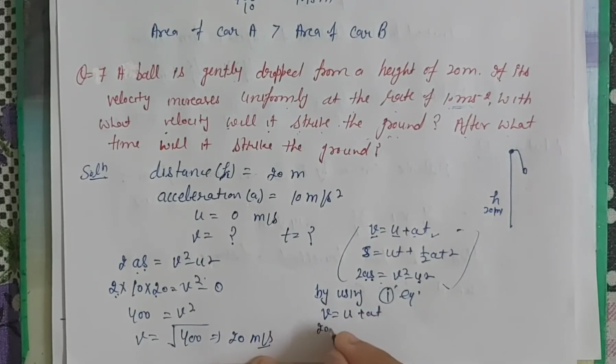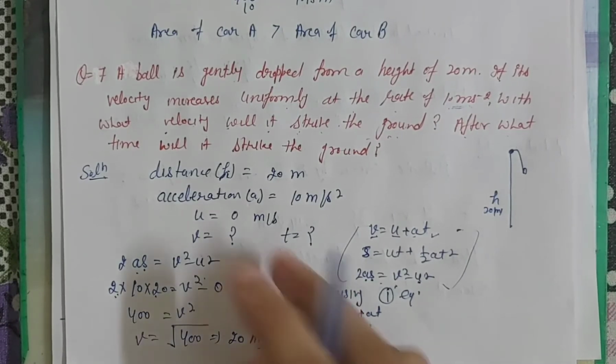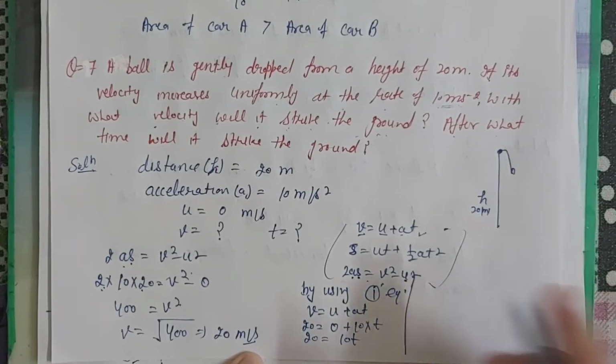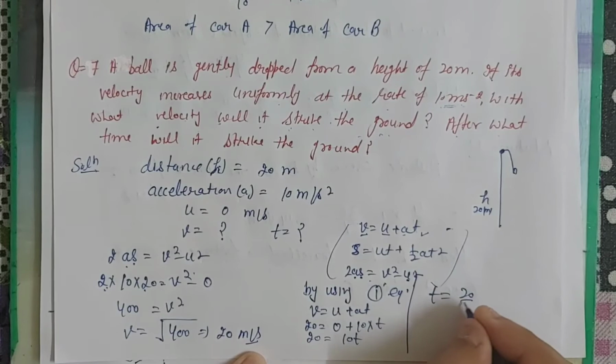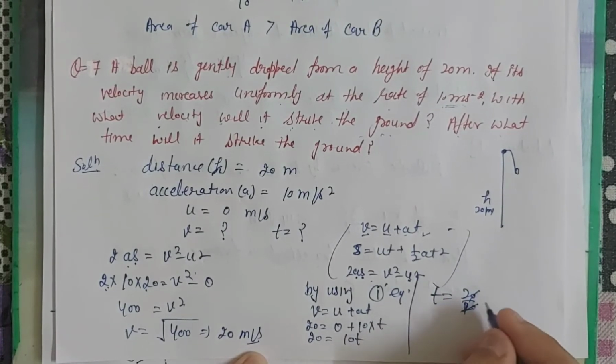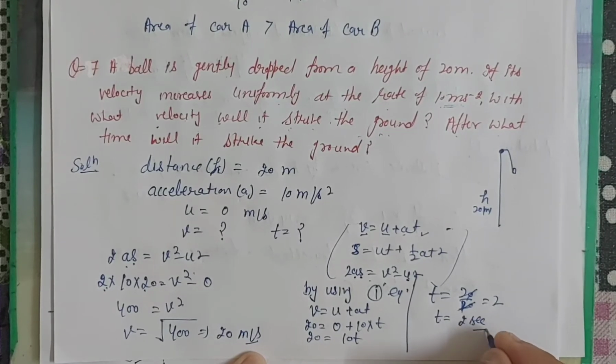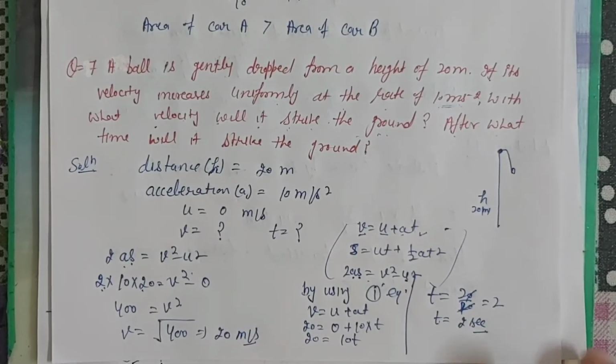The v value is 20, u is 0, and the a value is given as 10, multiplied by t. So 20 is equal to 10t. So t is equal to 20 divided by 10, which will be equal to 2. So t is 2 seconds. So this is the answer of this question.